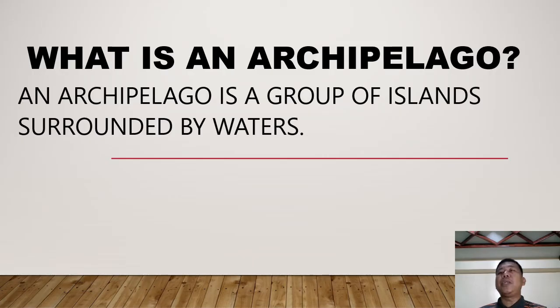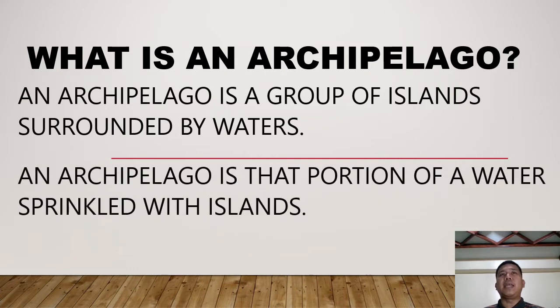Indonesia has more than 13,000 islands, while the Philippines has more than 7,000 islands only. Or the other way around, you can define archipelago as that portion of the water sprinkled with islands. So, whatever, it is an archipelago.